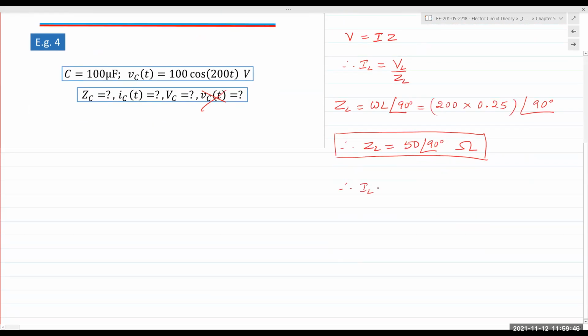So IL would simply be VL over ZL. VL is 100 with an angle of 0. This is 50 with an angle of 90. Therefore, IL is 2 with a phase angle of minus 90 amps.